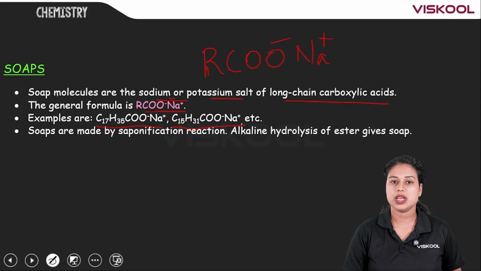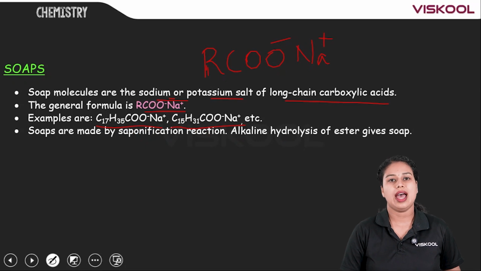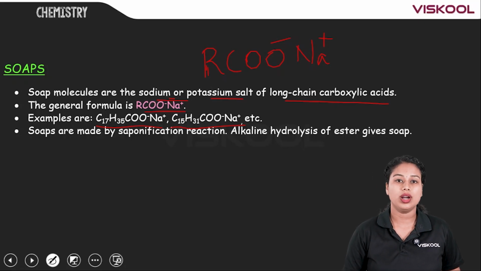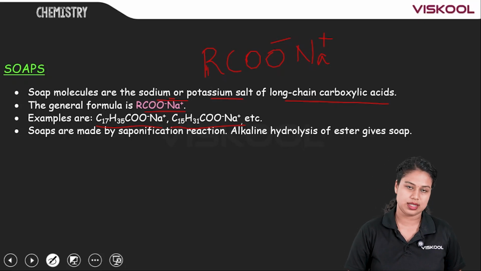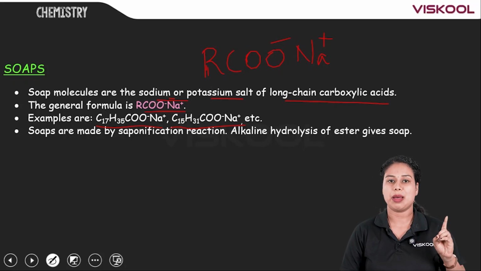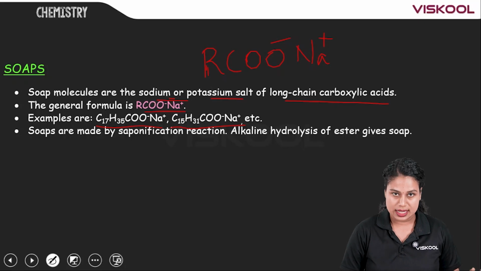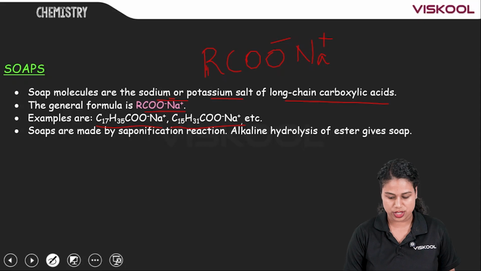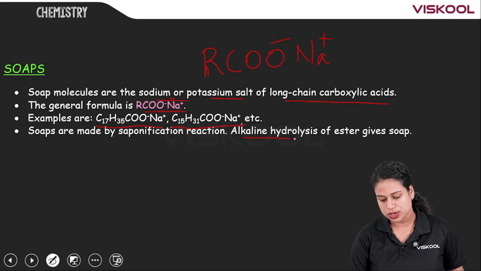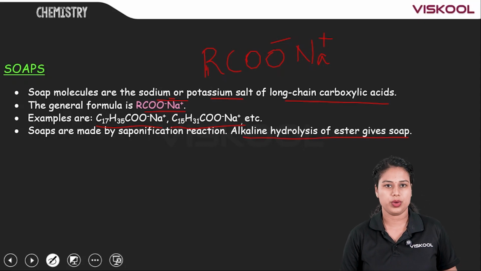Then, soaps are made by which reaction? The saponification reaction. What is the saponification reaction? An ester reacts with sodium hydroxide, right? We get alcohol and a sodium salt of carboxylic acid. So we have discussed the saponification reaction, and these soaps are prepared by this reaction.